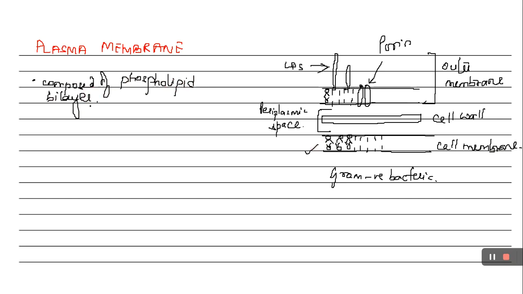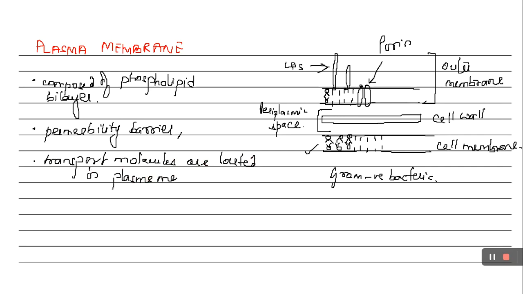Whatever function the cell membrane has, it is the same in bacteria, and it's a permeability barrier for most of the molecules, and transport molecules or transporters are located on the plasma membrane.